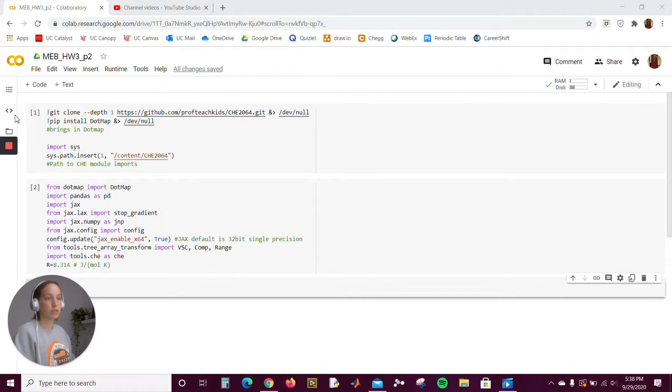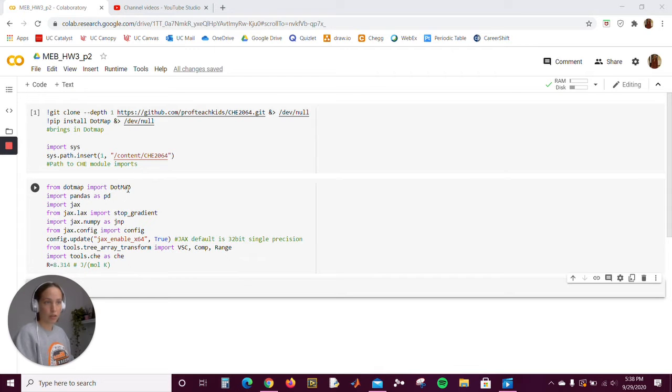So first things first, up here, I already typed out all of these imports. It doesn't really have to do with the actual content of this video, but this first part brings in dot map. The second part is a path to CHE model imports, which is Dr. Ko's code that contains information about different compounds, elements, stuff like that, and we're going to use that in here.